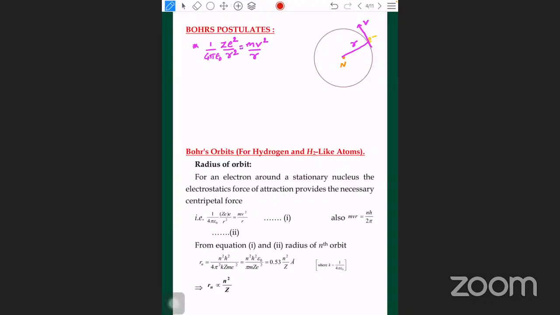So what is the first postulate of the Bohr's theory? Whenever the electron is revolving in the nth orbit of atom, the centripetal force required for the electron to revolve is provided by the electrostatic force between the nucleus and the electron.